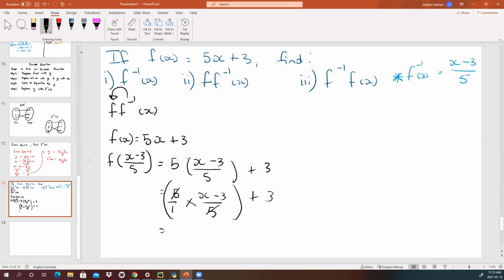Everybody seen that? Then I'll be left with x minus 3, plus 3. And that would give me just x, because minus 3 plus 3 is 0. So this is what the f of f inverse composite function is. Everybody, any questions for that one?